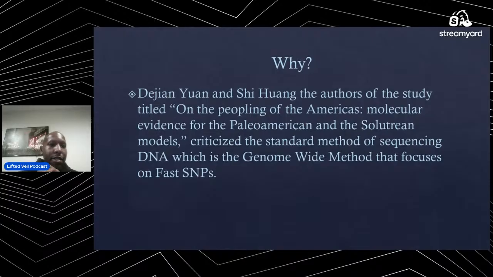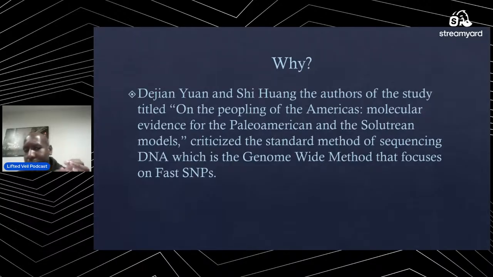Okay, Dejian, Yuan, and Huang, I think I'm pronouncing that correctly, were the authors of the study titled On the Peopling of the Americas: Molecular Evidence for the Paleo American and the Solutrean models. They criticized the standard method of sequencing DNA, which is the genome-wide method that focuses on fast SNPs.